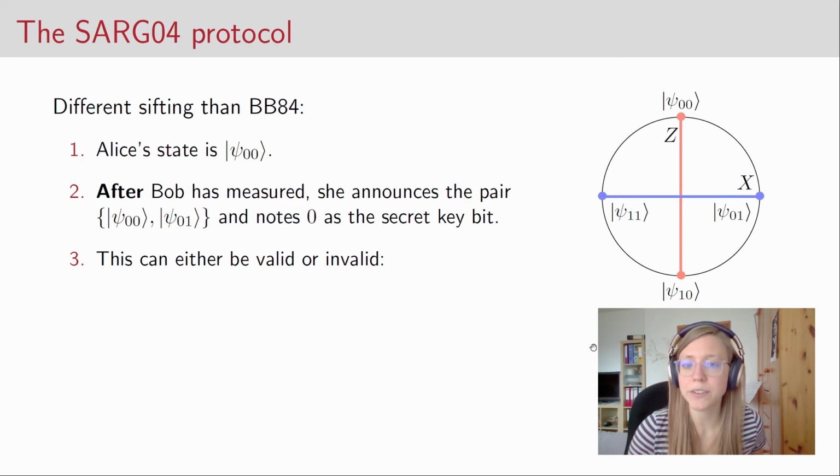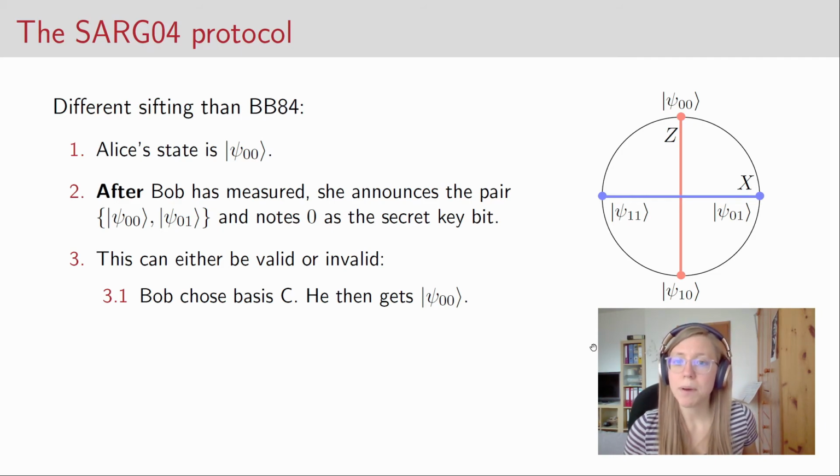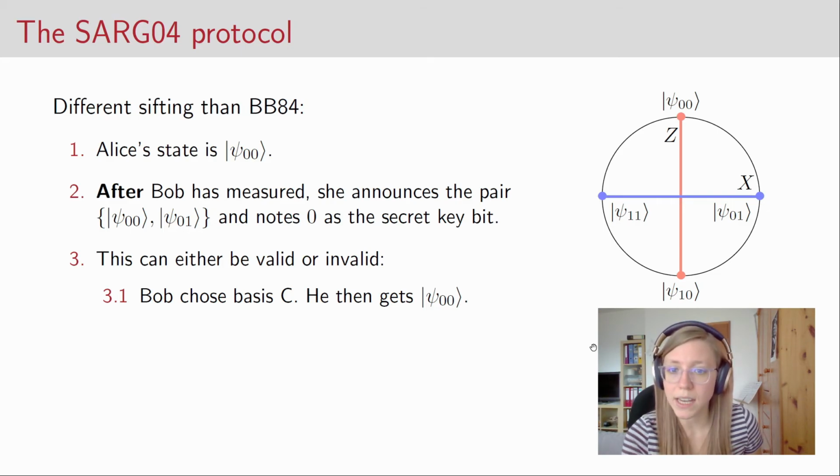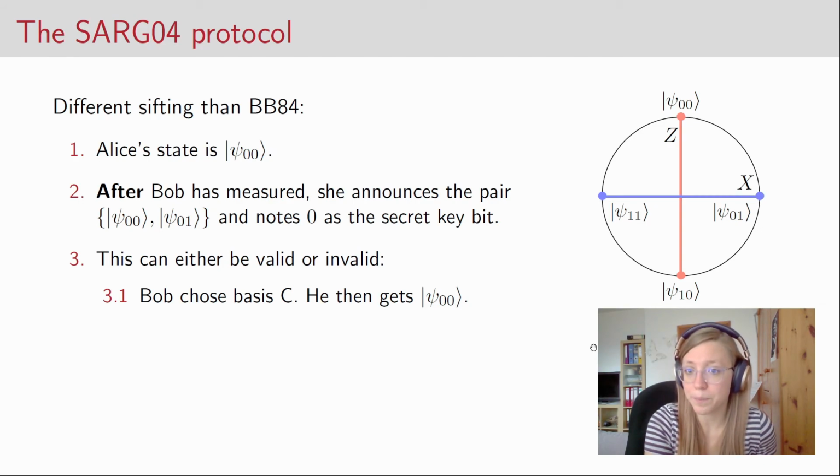Okay, let's go through the different possibilities. Suppose he has chosen the computational basis, or the Z basis, to measure the qubit. In that case, he gets the state psi00, because it is the only possibility if Alice has also prepared the state in this basis. But he would have also gotten this result if the actual state was psi01.